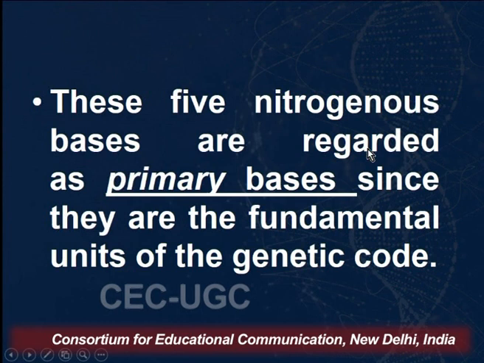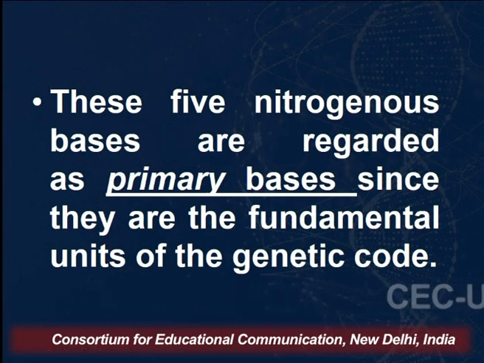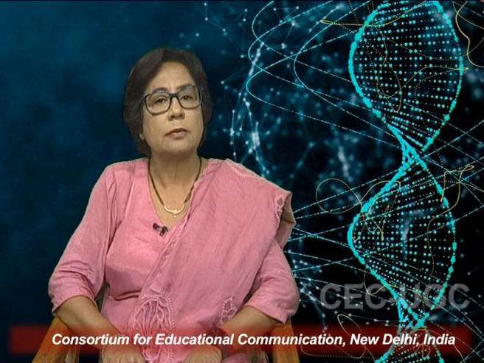These 5 nitrogenous bases, which are purines and pyrimidines, are regarded as primary bases since they are fundamental units of the genetic code. The nitrogenous base or nucleobase that makes up the nucleic acid is used to distinguish DNA from RNA.